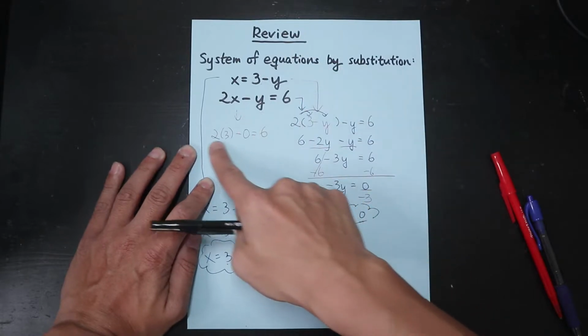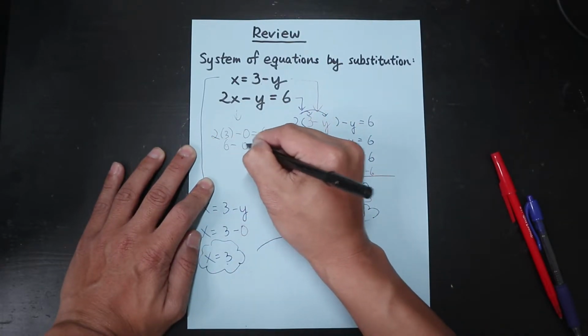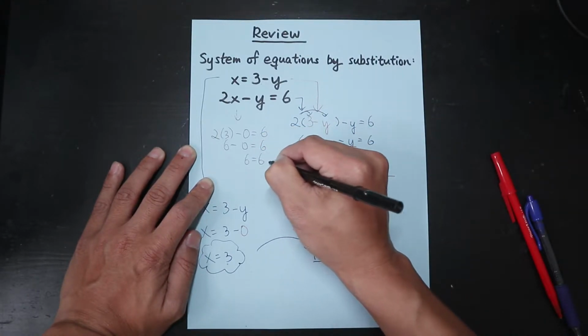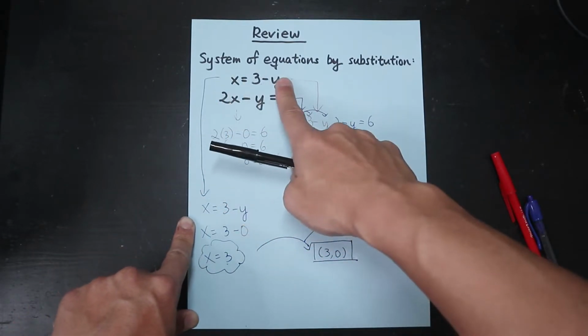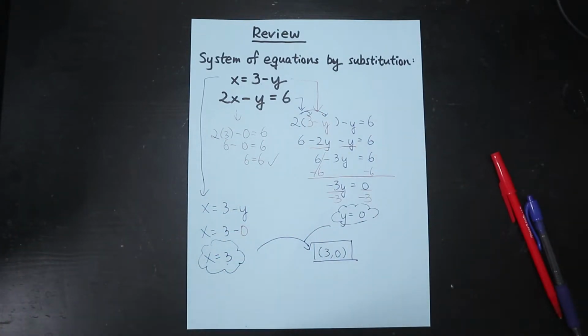You want to see if the left side equals the right side. So 2 times 3 is 6. So 6 minus 0, is it really equal to 6? Yes. So that means 6 equals 6, and therefore this x and y value satisfy the first equation as well as the second equation. And that's how you know your answer is correct.